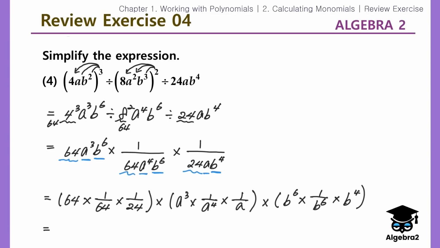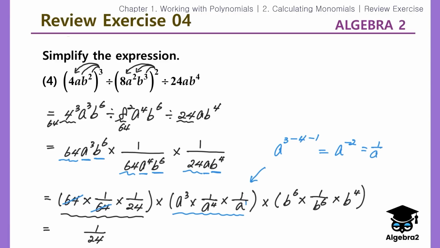So here, 64 times 1. So that's just 1 over 24, right? All of these numbers will be 1 over 24 times, this part right here, that's a 3 minus, it's a division, right? Minus 4 minus 1. So that's going to be a to the 3 minus 4 minus 1, that's negative 2.